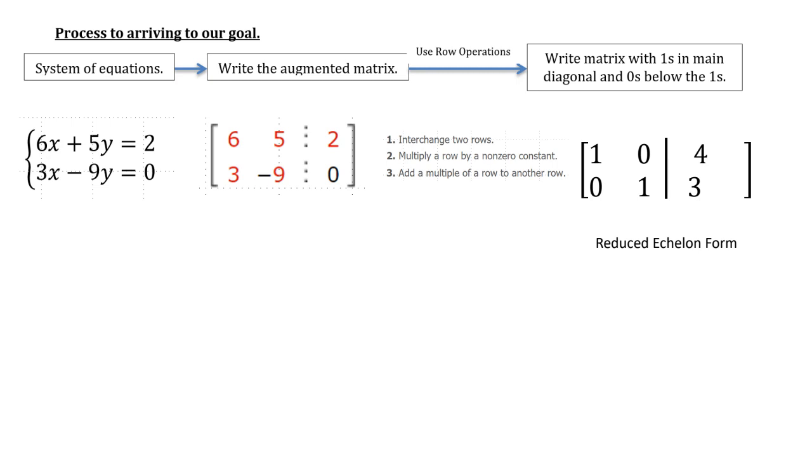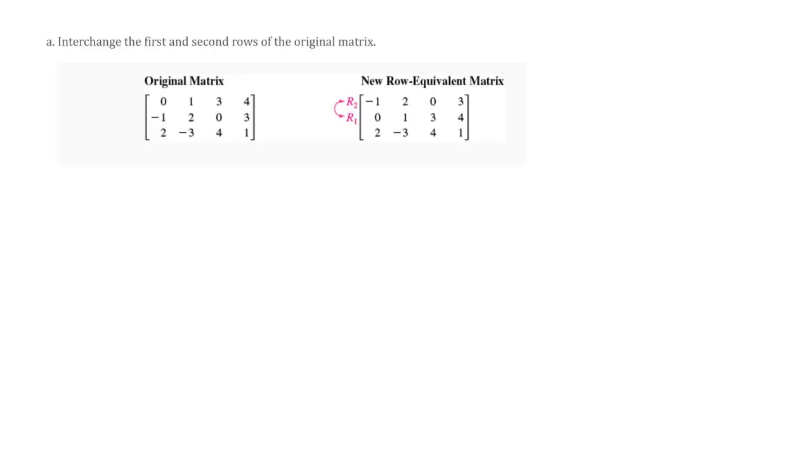So our first step, when given a linear system of equations, is to convert it or write it in its augmented matrix form, which is this: 6, 5, equals 2; 3, negative 9, equals 0. Okay, so now we're going to go ahead and do our basic row operations.